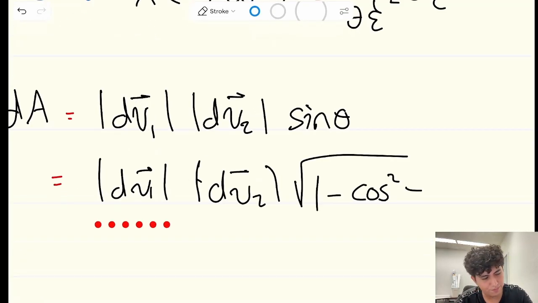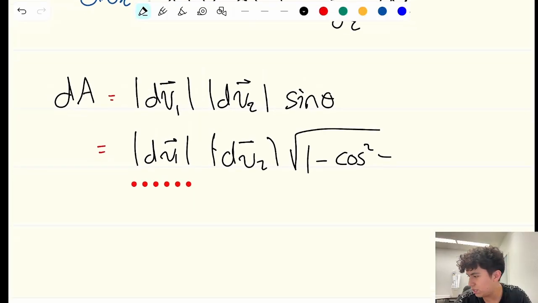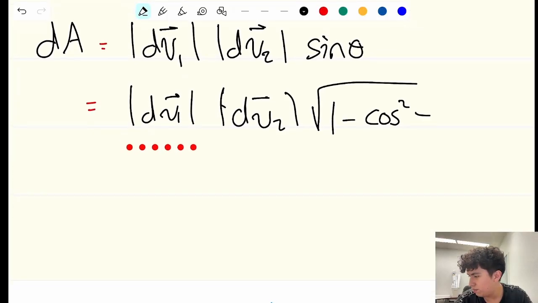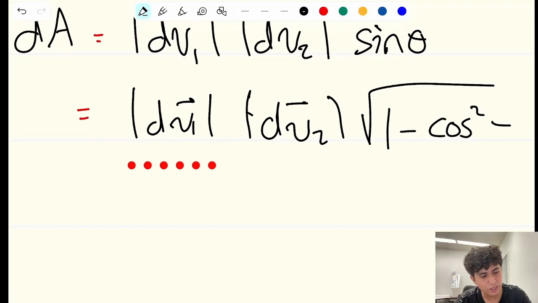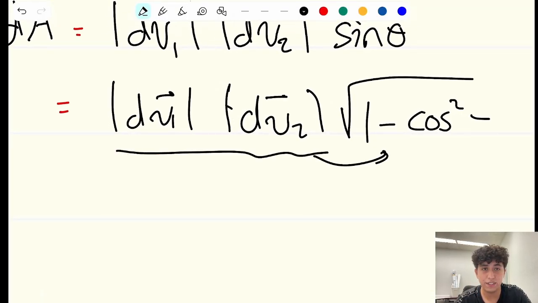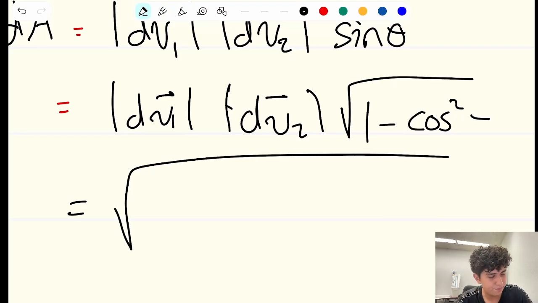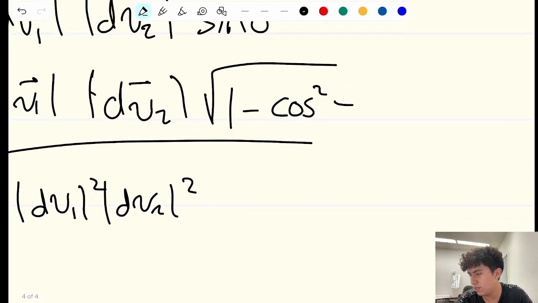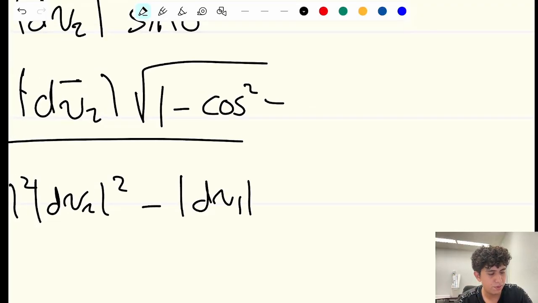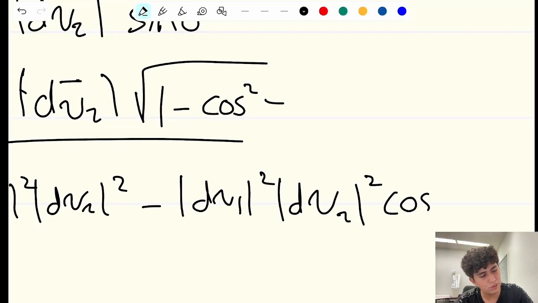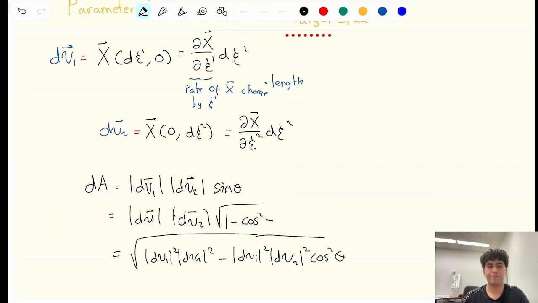Okay. So here we're just going to introduce these two terms inside the square root, and then we can find db1 squared db2 squared minus db1 squared db2 squared cosine squared theta. Cool.